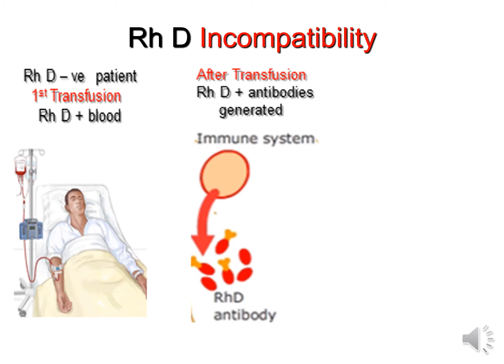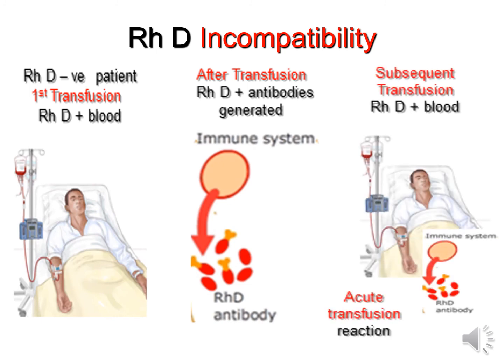They won't have a reaction, or if they do have a reaction, it may be minor, but with any subsequent transfusions of Rh-D positive blood, there will be an acute transfusion reaction because the antibodies have already been generated following the first transfusion.